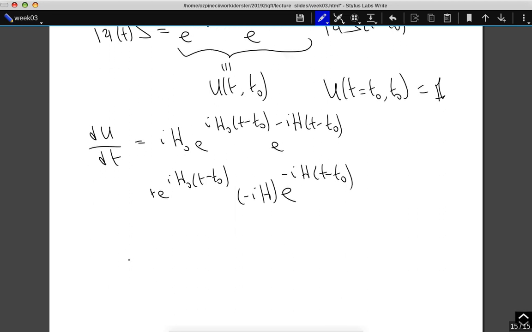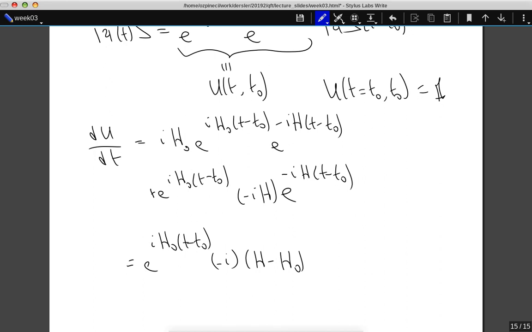Well, I can also write this as e^{iH0(t-t0)} (-i)(H - H0) e^{-iH(t-t0)}. You see, it doesn't really matter whether I write H0 in the front or in the middle, because H0 commutes with this exponential. And it doesn't matter whether I write H in the middle or at the end, because H commutes with the second exponential. But I just cannot write H at the front, because H need not commute with H0.